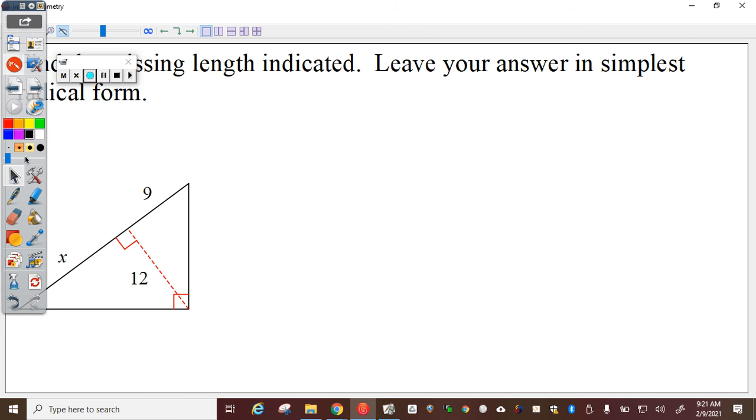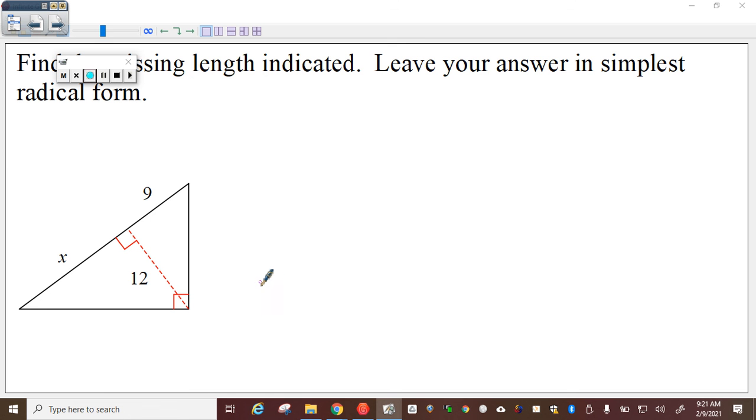All right, so let's do this one. Now, we're going to do this one together. So here, again, the rule is this is equal to the geometric mean of this and this. So 12 is equal to the geometric mean of 9 and x.